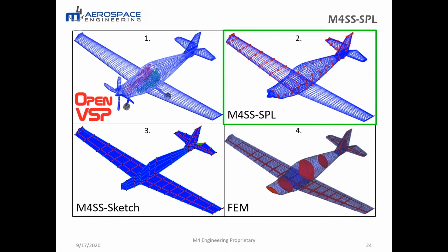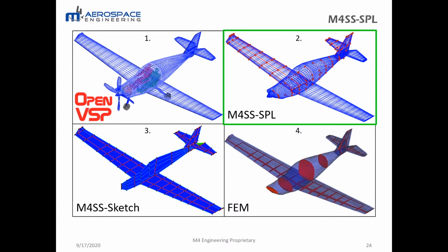So here's a 4-step process of using this tool. You start with the OpenVSP component. This OpenVSP component is just built by the user beforehand; it doesn't even have to be built with Structure Studio in mind. You can just have it ready.